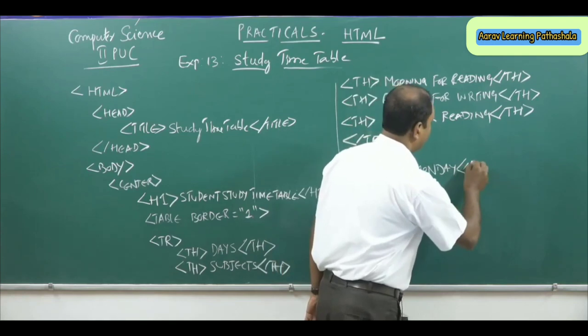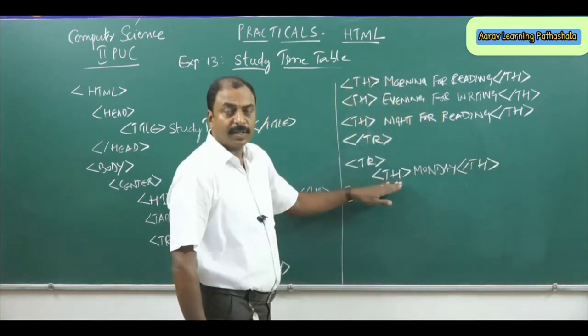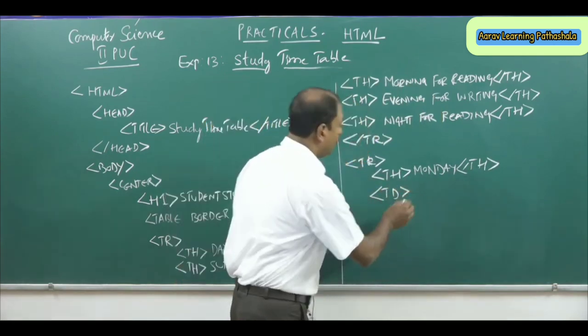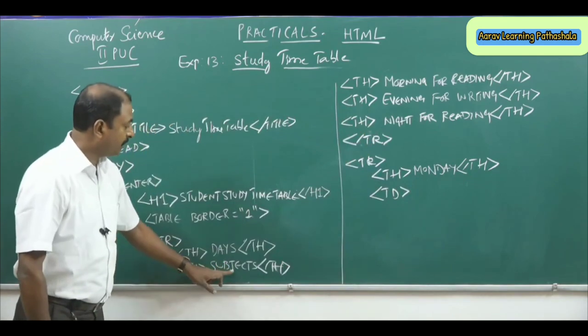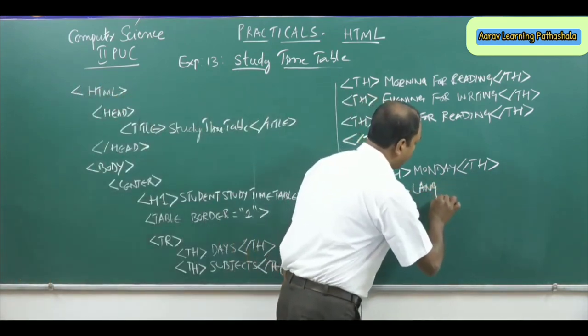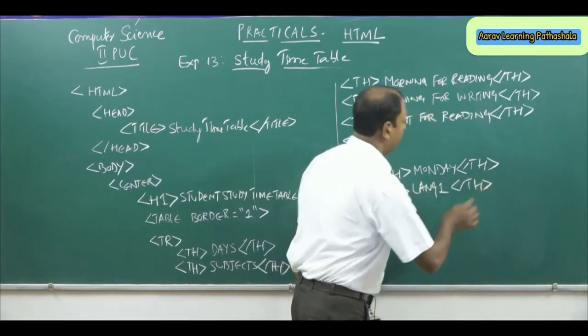I am closing this th tag. Then for the rest I can make use of the td tag. The next column is subjects. I can write subject as language 1 and close this td tag.